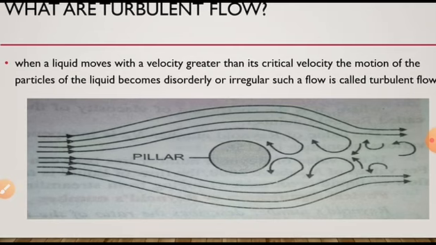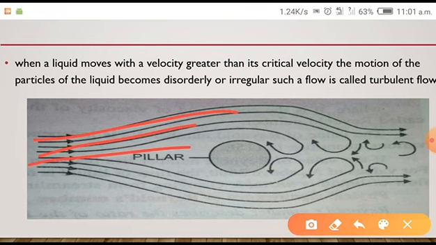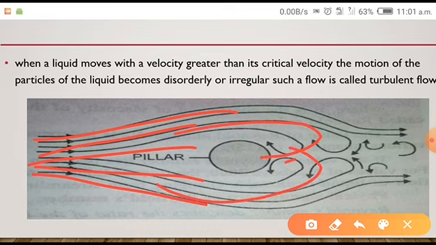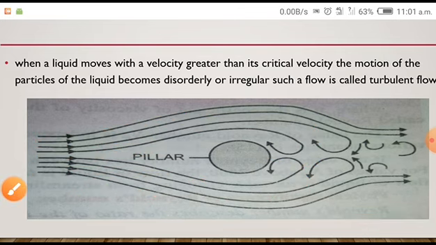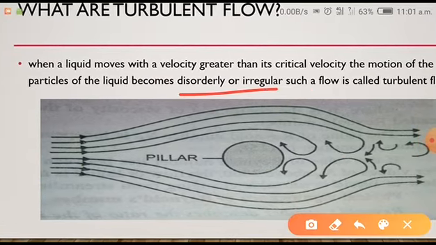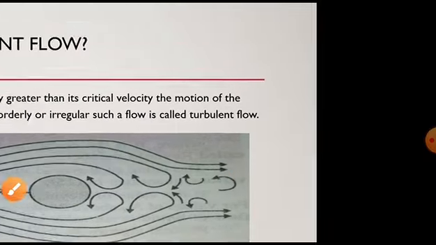Suppose this is the flow of the liquid and one pillar is there in the path. Due to that, the motion of the liquid becomes disorderly or irregular, and such a flow is called a turbulent flow.